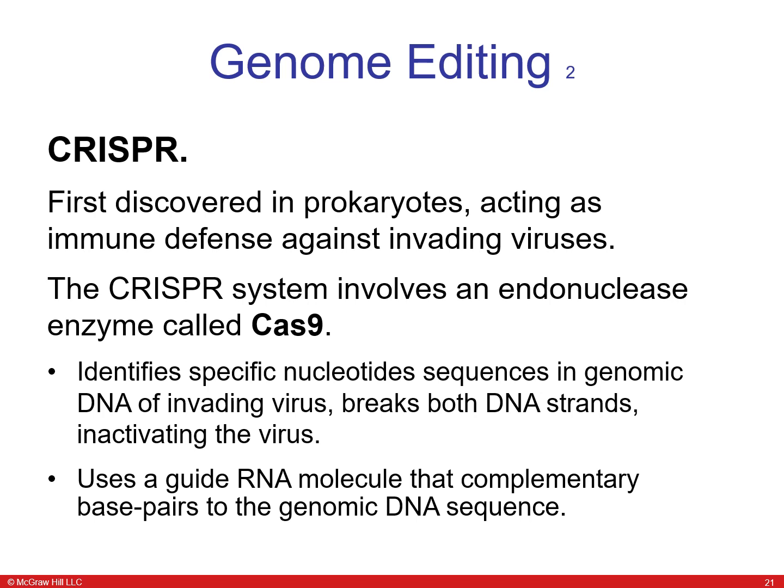The system involves an endonuclease enzyme called Cas9, which identifies specific nucleotide sequences in the genomic DNA of the invading viruses, breaks both strands, and inactivates the virus. It also uses a guide RNA molecule that's complementary to the genomic DNA sequence.